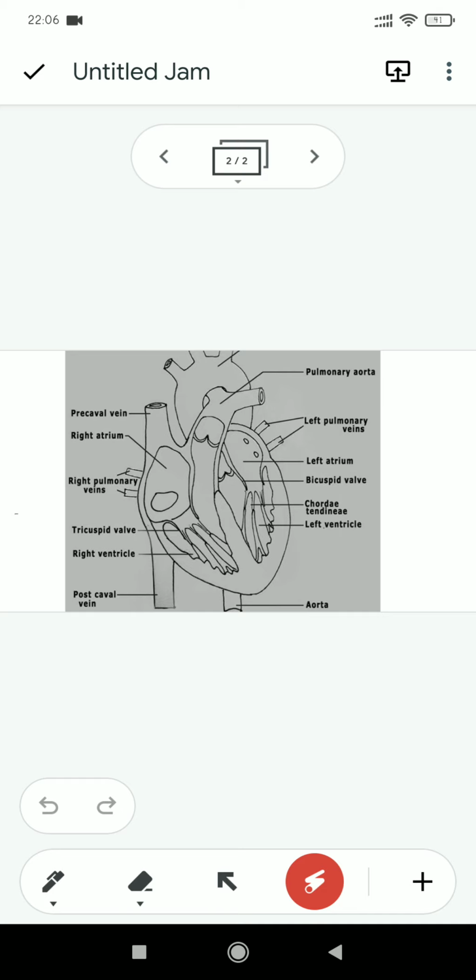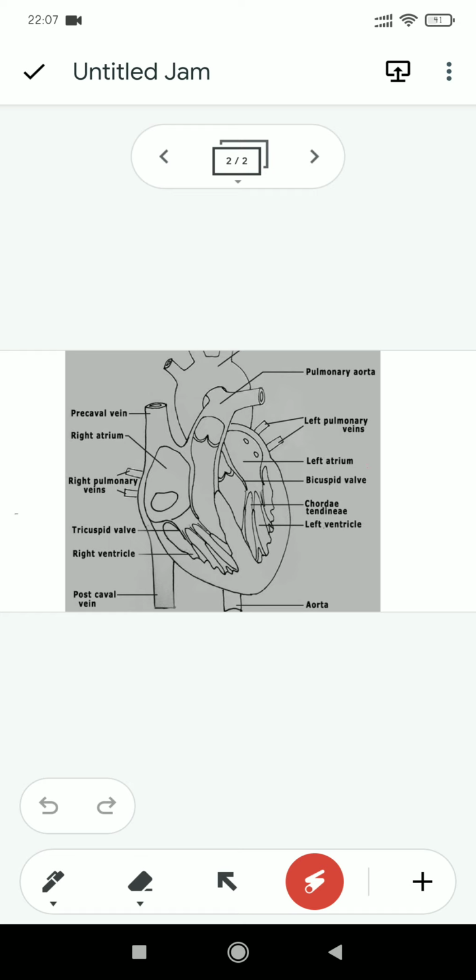As soon as the blood tries to move upward, the tricuspid valve closes and does not allow the blood to enter into the right atrium. It's the same with the bicuspid valve.